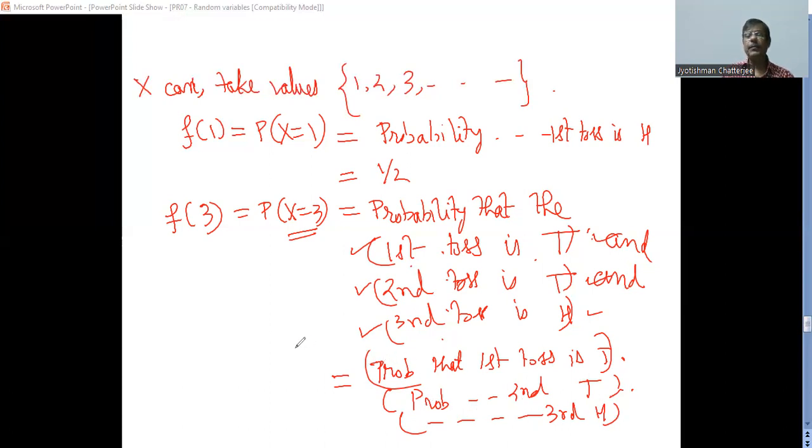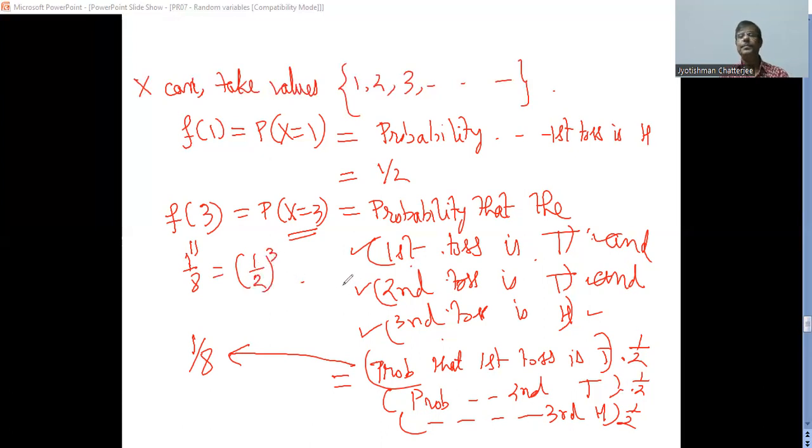Now, what is the probability that the first toss is tail? It's a fair coin. So this is half, and this is half, and this is half. So these 3 halves multiplied together will produce 1/8. In other words, f of 3 equal to 1/8. That is the same as 1/2 whole cube.